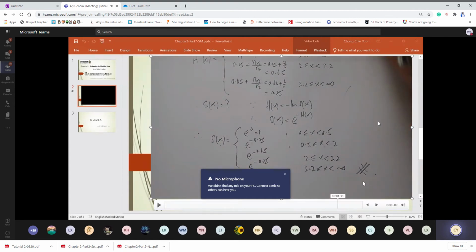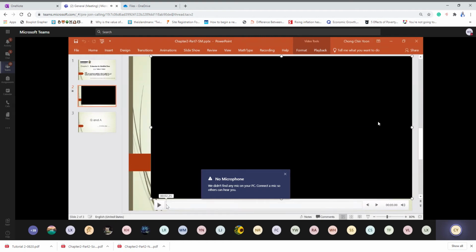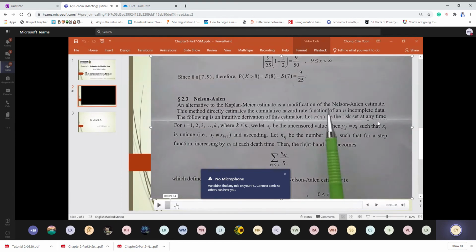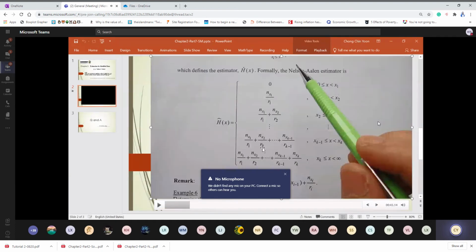Okay, as long as you know how to calculate the recursive value, then apply it to the formula for this Nelson-Aalen. Now you have to be careful. For Nelson-Aalen, the piecewise function actually is to calculate the cumulative hazard rate function.